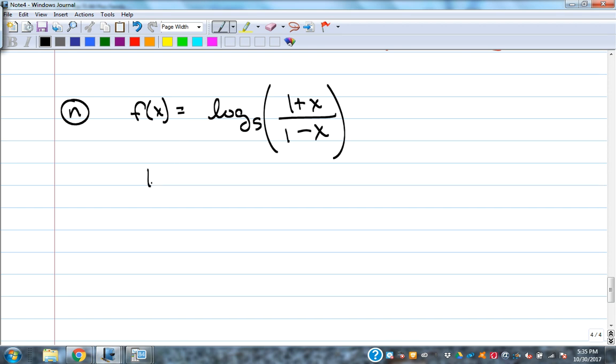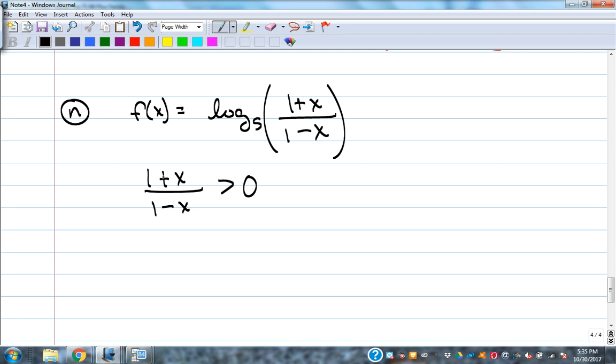What we've got to do is set up (1 plus x) over (1 minus x) and put it greater than 0. Now, here's where some things get crazy. We've got to think, what could make this not work? What x value could screw this whole thing up? X being 1 is going to mess things up. What values would give me 0 here?